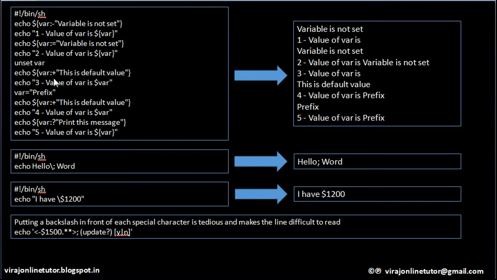Let's learn what this construct does. Colon followed by plus. Colon followed by plus will check whether this variable is not set, and if it is not set, it will assign this string to this variable where. Okay. In the next line we print value of the variable is content of the variable.